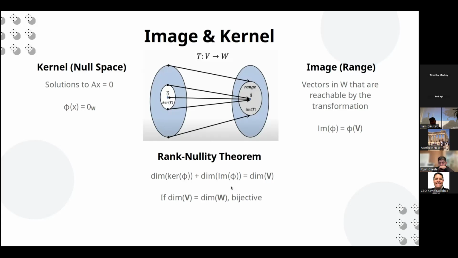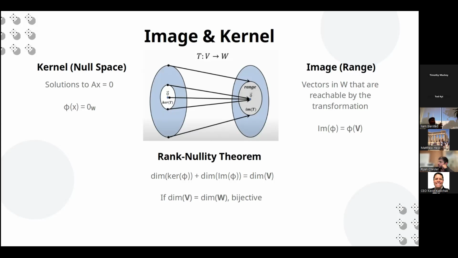A way to think about this is, the greater the dimension of the kernel, the more uncertainty you have. The more non-pivot columns you have, the more degrees of freedom you have. So the kernel is the uncertainty of the transformation, I would say.